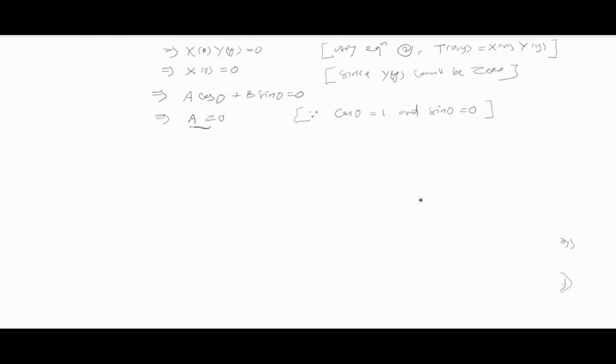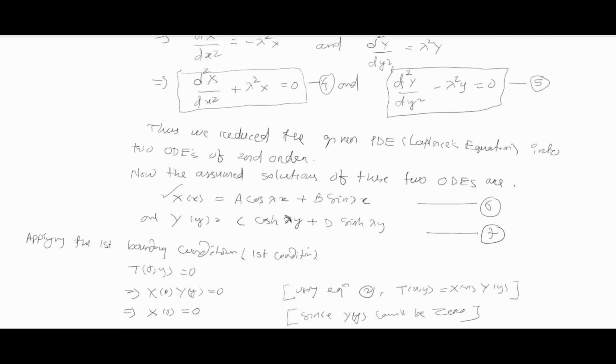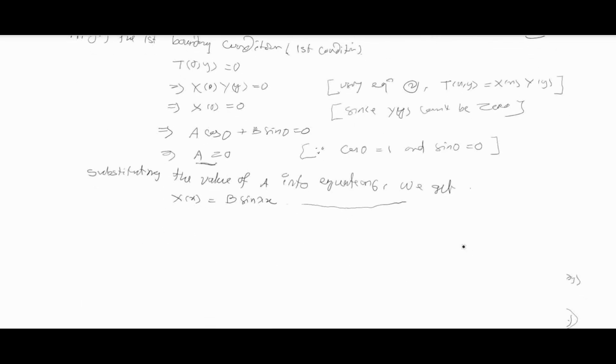So substituting this value of a into equation 6, we get X of x is equal to b sin lambda x. Okay, this is equation number, what is the equation number here? 8. Okay, equation number 8.